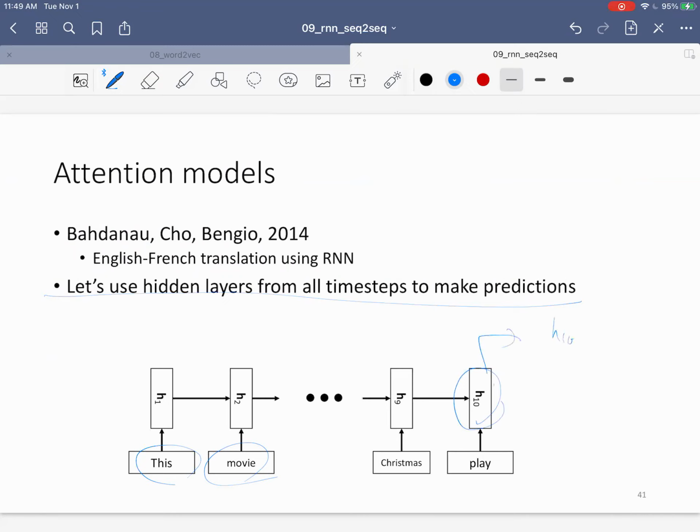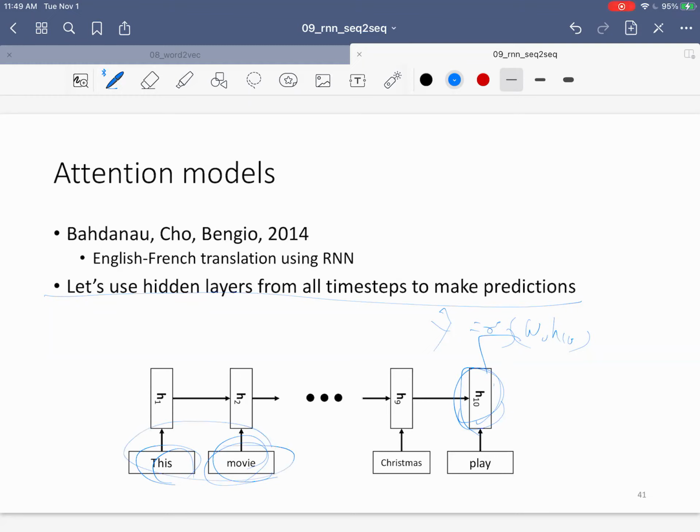So H10 times WO, then a sigmoid function, and then you had your Y hat, right? That was the core concept of using RNN for classification. But H10 might or might not remember these early words well. There's no guarantee that H10 would clearly or perfectly remember what happened in the past.